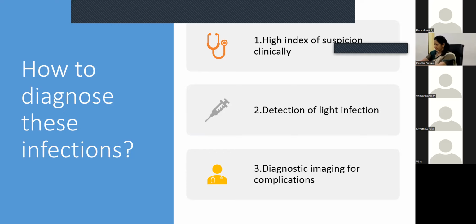Ultrasonography and endoscopy are also important diagnostic techniques, which can help us in knowing the complications. For example, in case of Ascaris, intestinal obstruction or pancreatic involvement can happen. In that case, diagnostic imaging techniques such as ultrasonography or endoscopy will be quite useful.